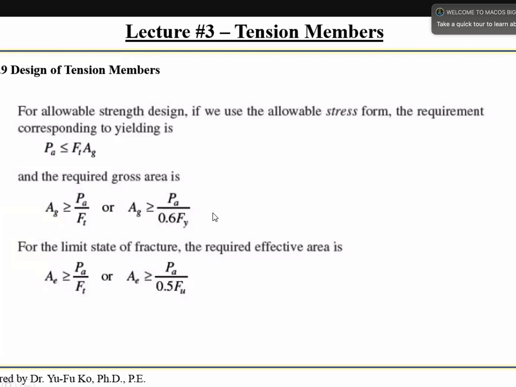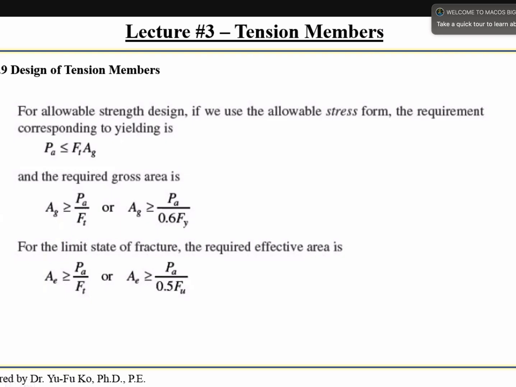Likewise, if you guys want, you can use the allowable strength equation. Okay, you will reach the same result. For limit state of fracture, effective area required should be bigger or equal to Pa divided by 0.5 Fu. So this is based on allowable stress form.